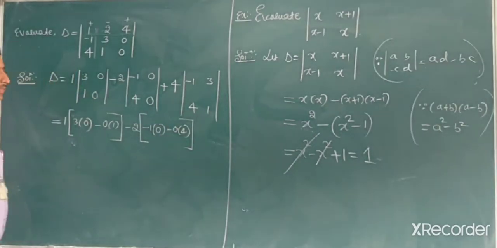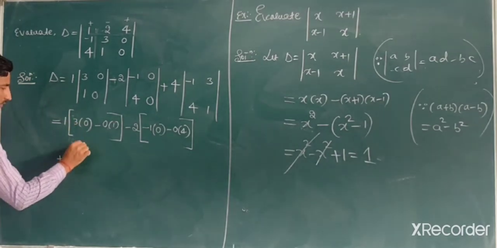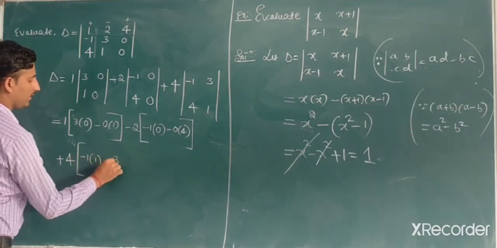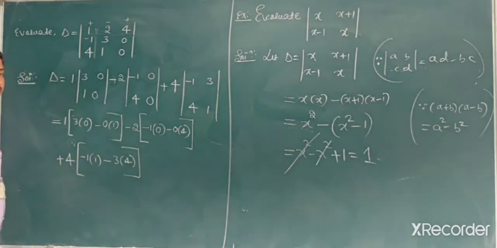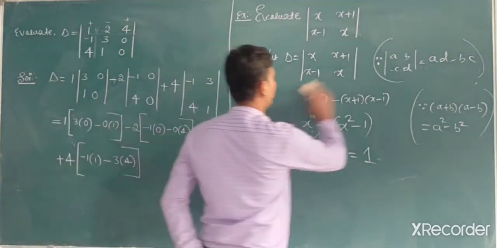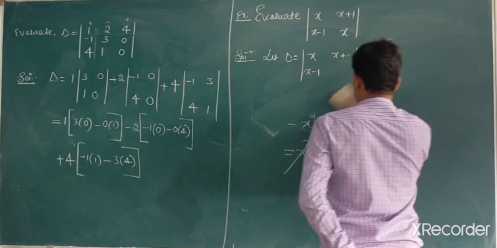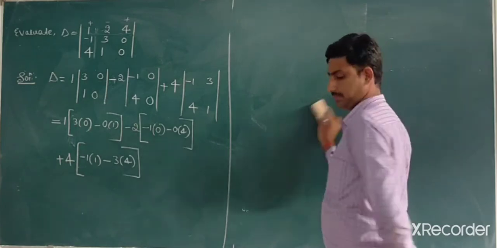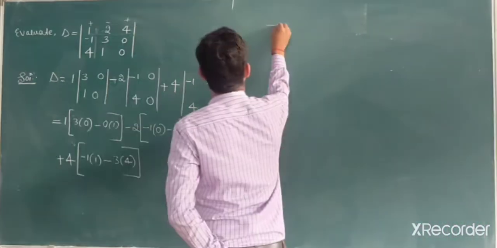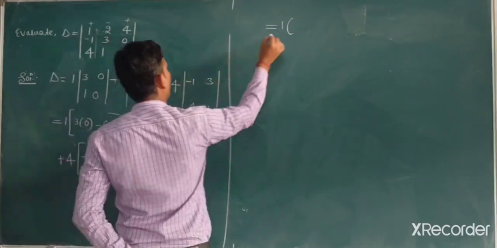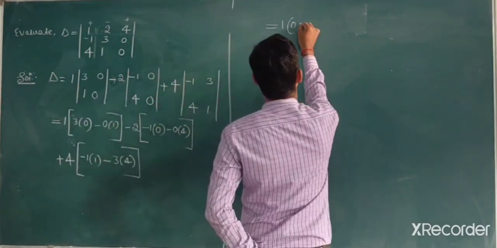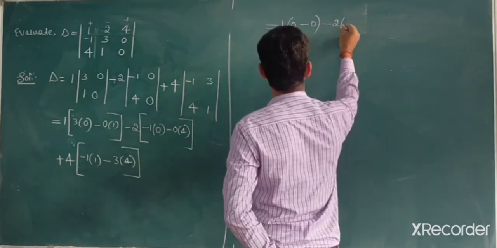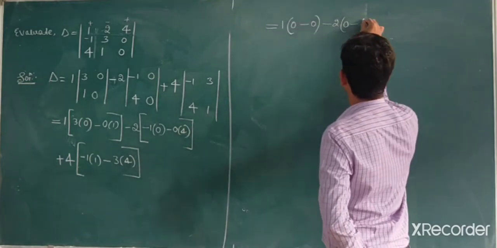Plus 4 into minus 1 into 1 minus 3 into 4, which is nothing but 1. 3 into 0 is 0, 0 into 1 is 0, minus 2 as it is, minus 1 into 0 is 0, 0 into 4 is 0.